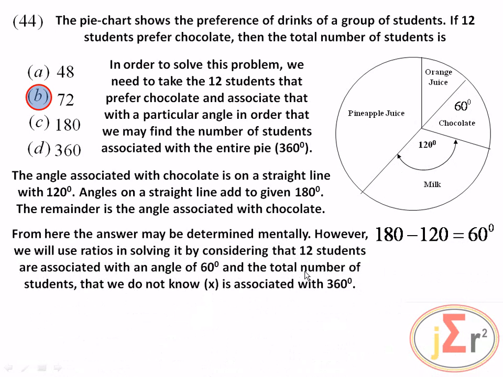However, we will use ratios in solving it by considering that 12 students are associated with an angle of 60 degrees, and that the total number of students that we do not know, we are going to call that x, is associated with 360 degrees. So 12 students are associated with 60 degrees.